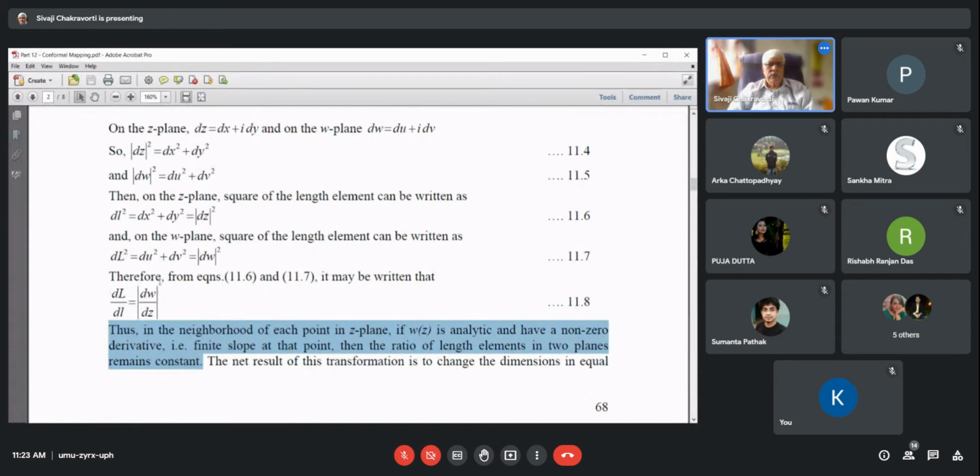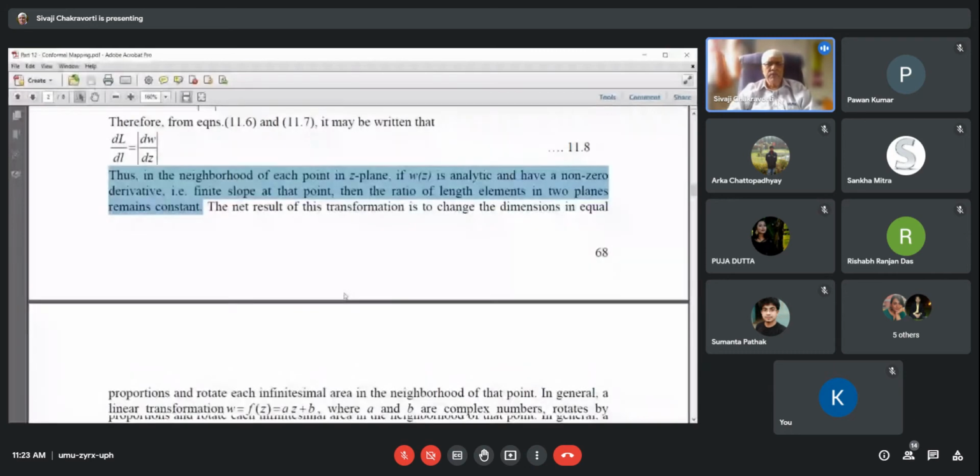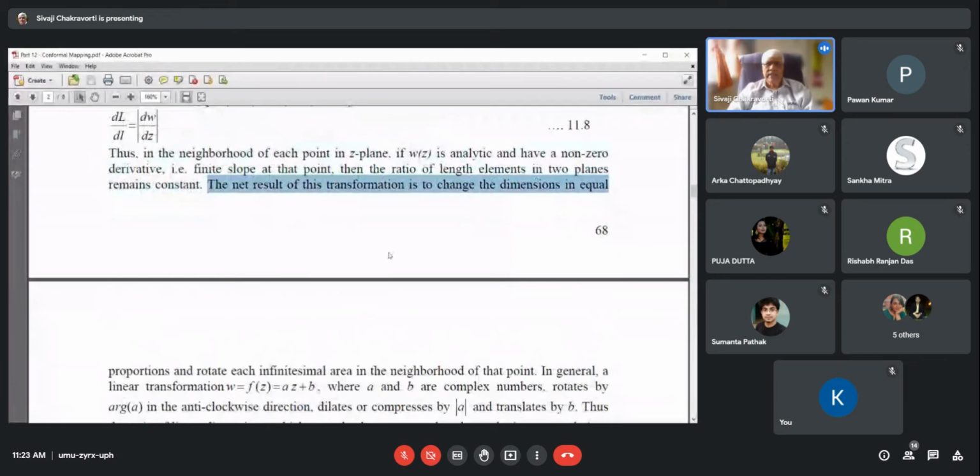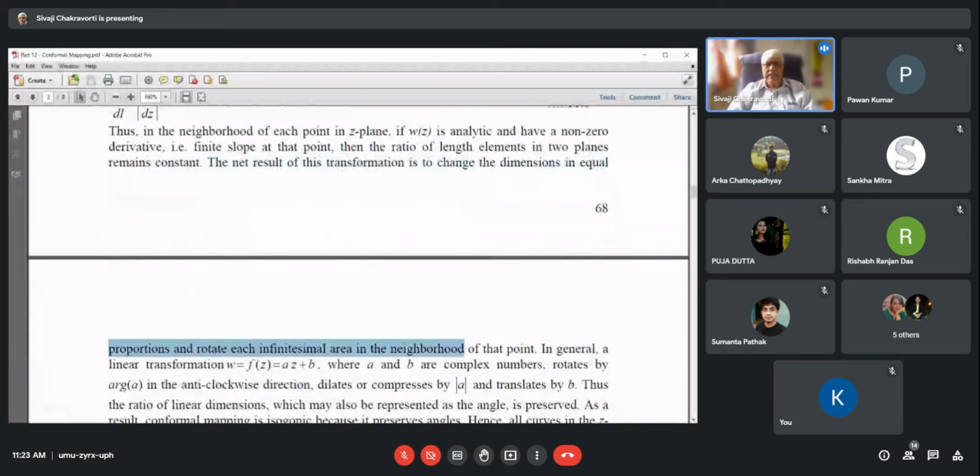If there is a finite slope, then this ratio of the length elements close to a particular point remains constant. That means the net result is to change the dimensions in equal proportions and rotate an infinitesimal area in the neighborhood of that point. Now, this rotation I will explain.